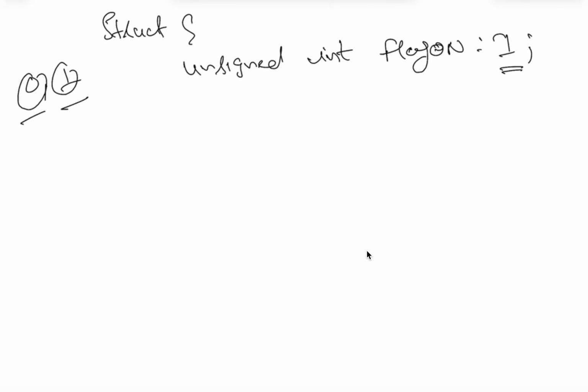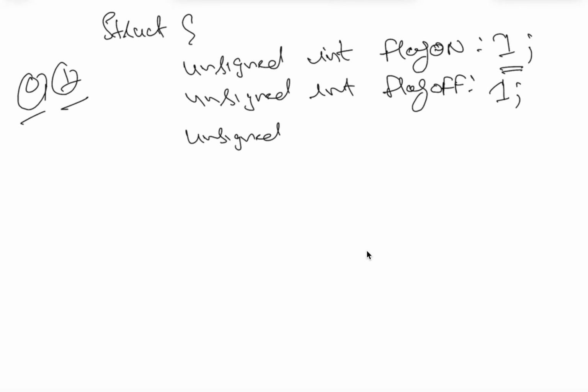So instead of using a complete 32 bits just to represent the value 0 or 1, you are just using one bit, which is enough to maintain the state, whether it's flag on or flag off, right? In the same way, for flag off, you are again using a single bit.